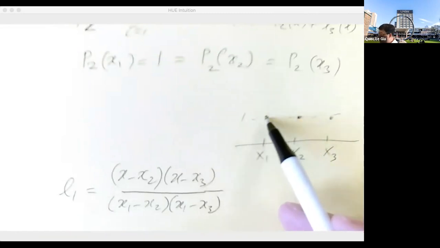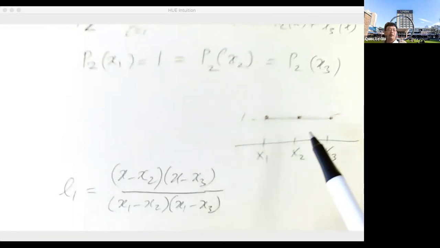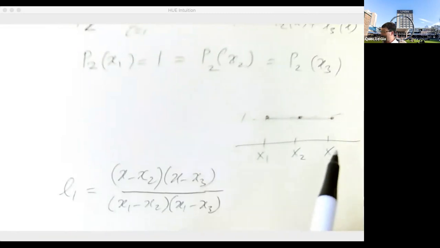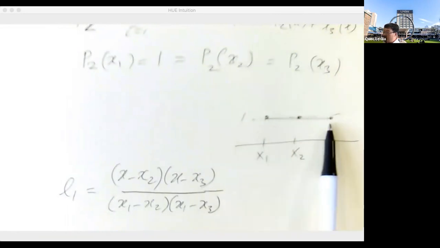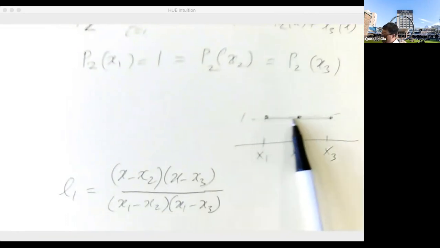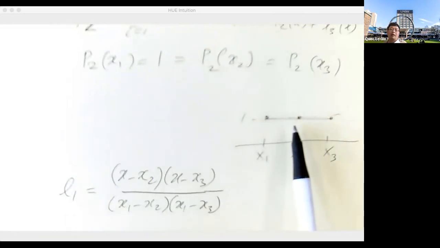Now we have to say why this is a straight line. We know it, but you see there's a relation between the degree of polynomials and the number of points. We want to show that it has to be identically 1 everywhere. So how do we show that?